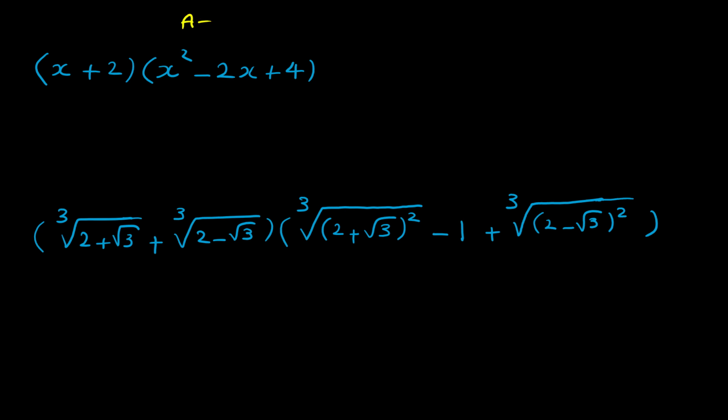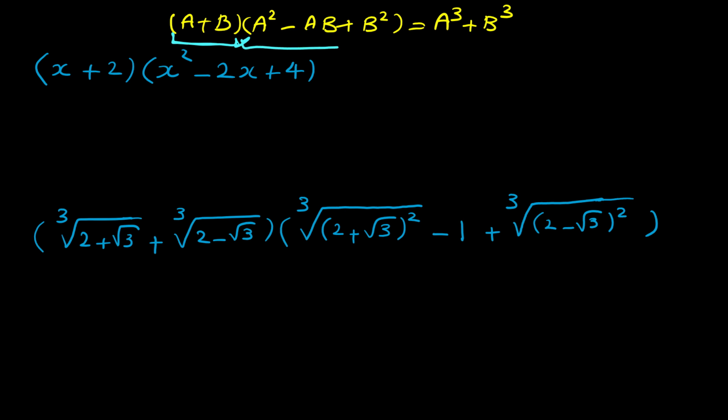When we have a plus b times a^2 minus ab plus b^2, the answer is a^3 plus b^3. So as you can see, we have a binomial times a trinomial. A plus b, a to the 2, b to the 2, ab, the product of these two terms, with a minus.